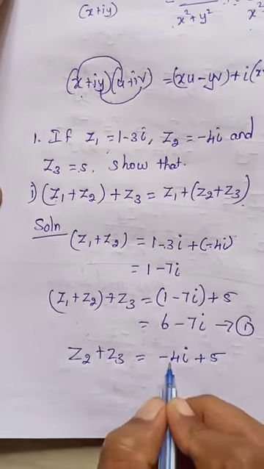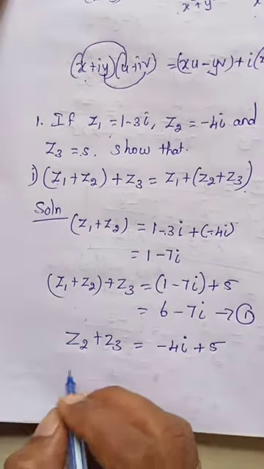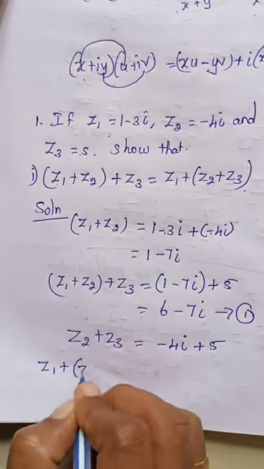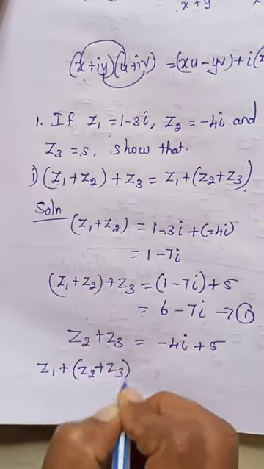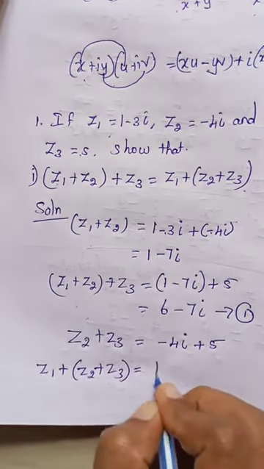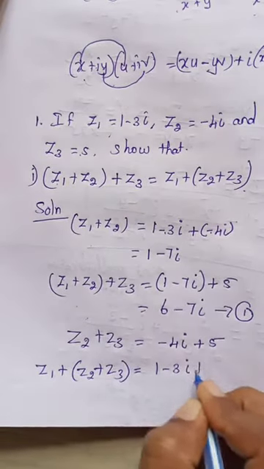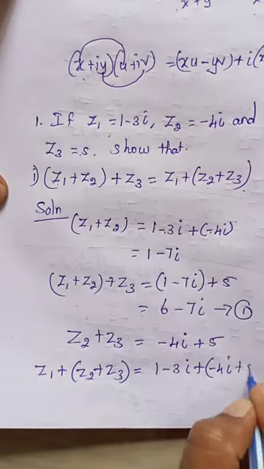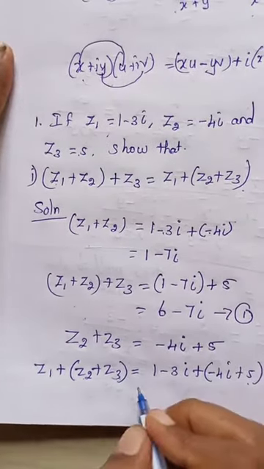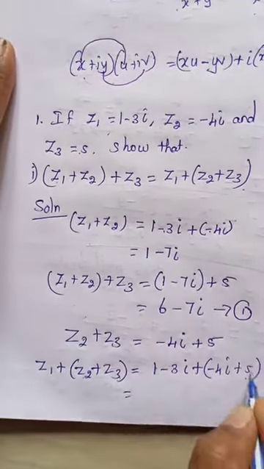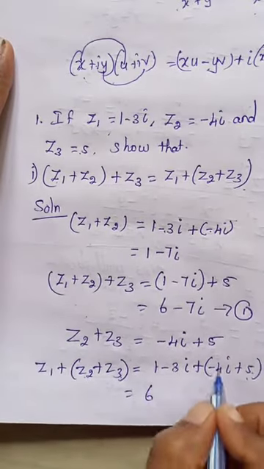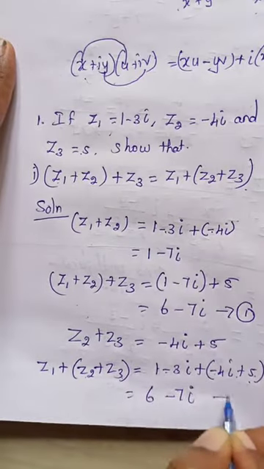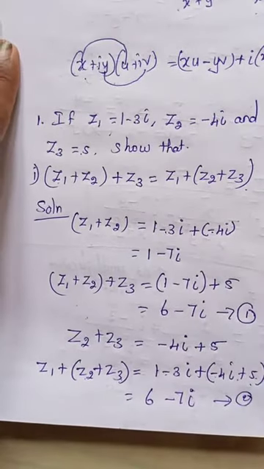Only one real number and one imaginary part, so we cannot simplify further. Now taking the whole, Z1 plus Z2 plus Z3: Z1 is 1 minus 3i plus Z2 plus Z3 which is minus 4i plus 5. Now we can simplify: 1 plus 5 is 6, and the imaginary part, minus 3i minus 4i, is minus 7i. Taking it as equation number 2.